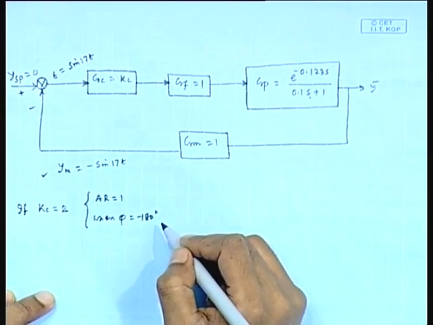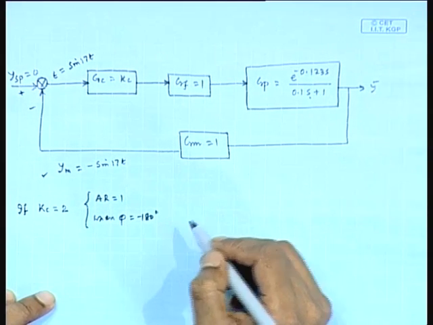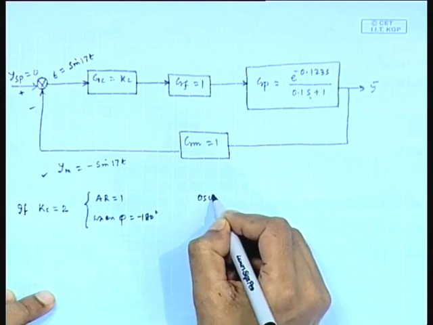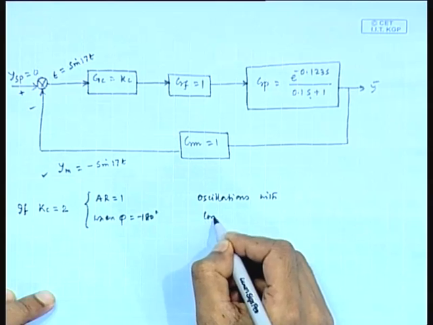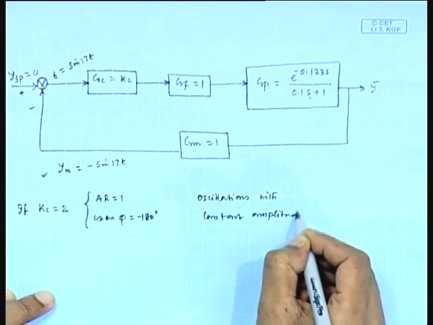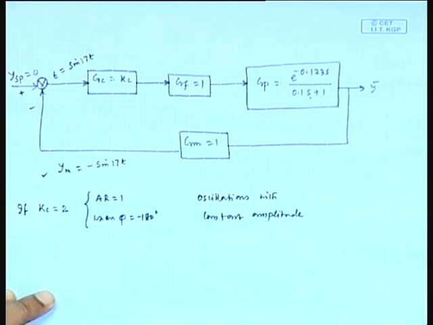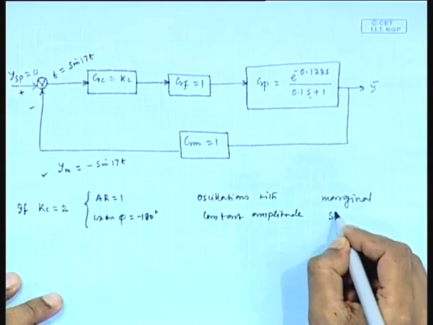And in this situation we obtain sustained oscillation, I mean oscillations with constant amplitude. What about stability? If we obtain sustained oscillation, what about stability? Marginally stable, we can use this term, marginal stability.